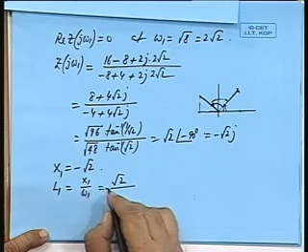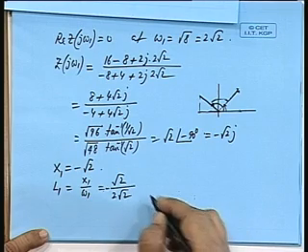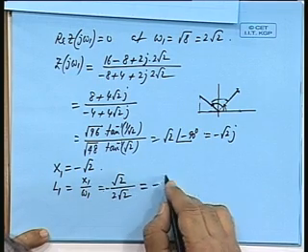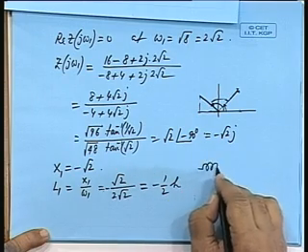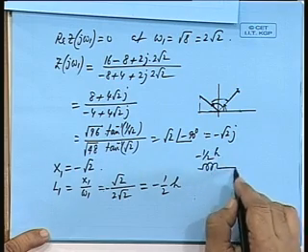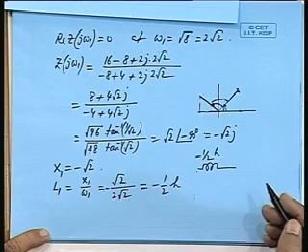L1 is equal to x1 by omega 1, which is minus root 2 divided by 2 root 2. 2 root 2 is the frequency. All right. So, this will be minus half Henry. So, to start with, we will have a minus half Henry inductor. Do not get frightened. In the realization in a transformer, you will find that minus can be accommodated.